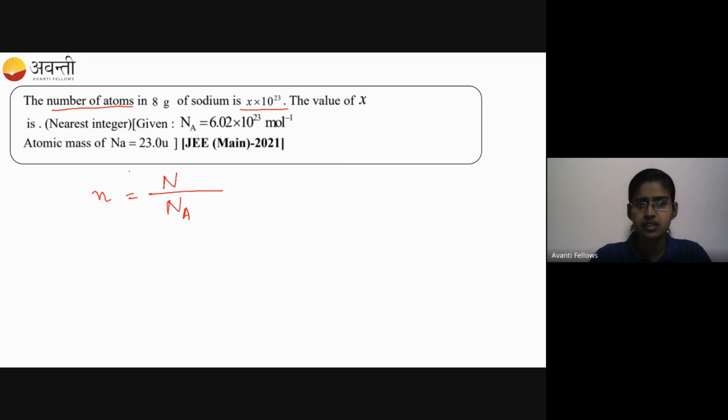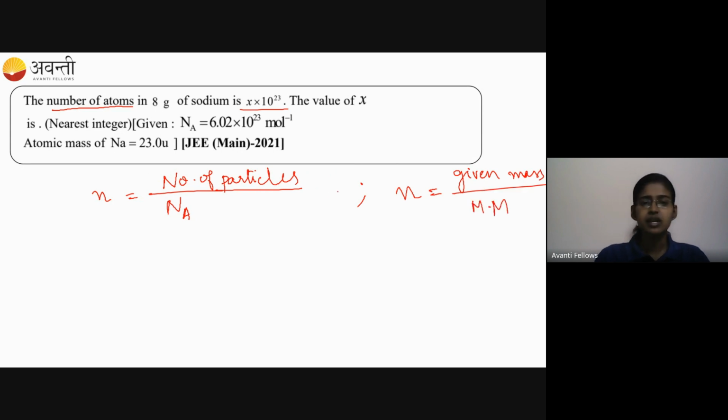This N is nothing but the number of particles. Particles can be atoms, molecules, ions, it can be anything. So this is one formula. And the other formula to find out the number of moles is the given mass divided by molar mass.